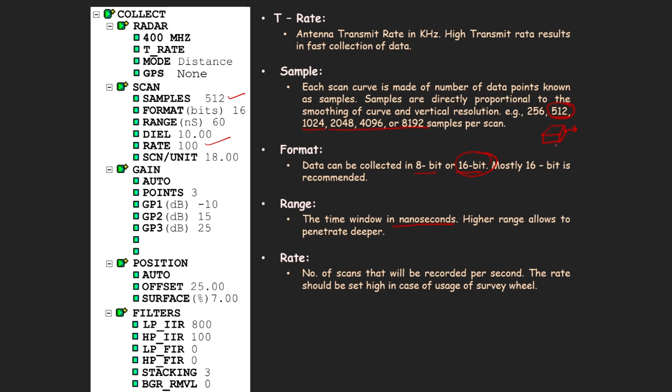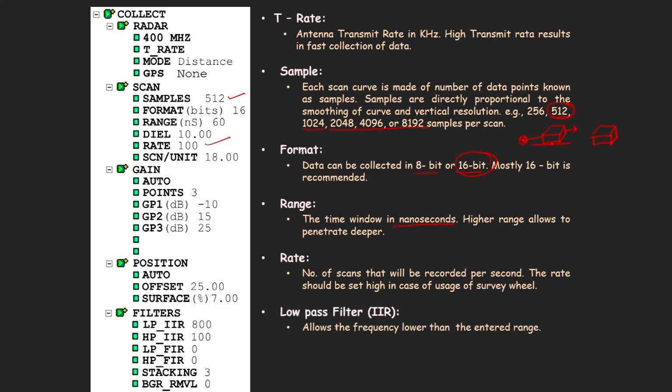For example, you have kept your system here and then moved here again, and then you collect the data. That is your point mode collection. But mostly if you are connecting the survey wheel, you can keep the rate a bit higher, and that will allow you to move faster.